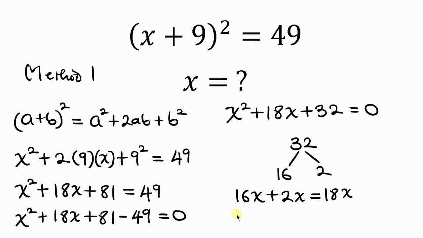We have x², plus, in place of 18x, I'm going to be writing 16x plus 2x, and then plus 32 equal to 0.